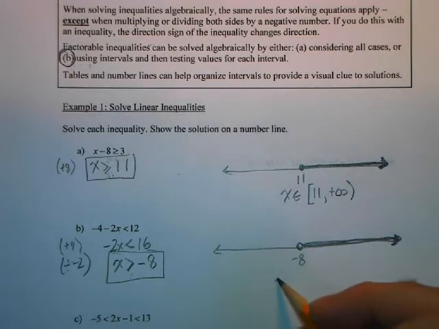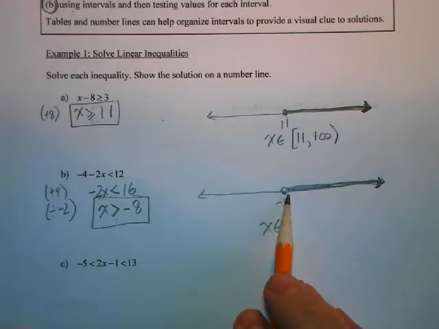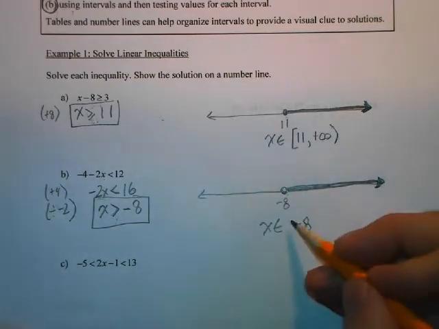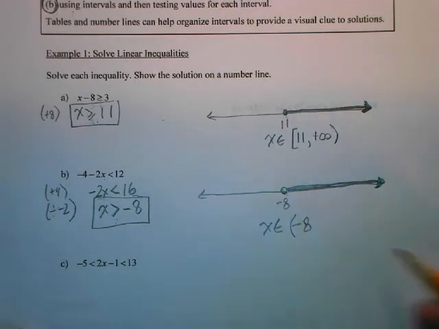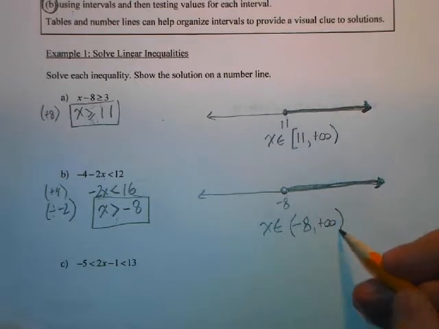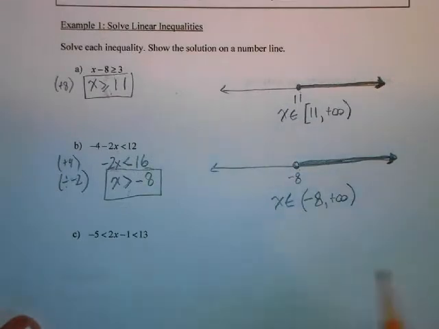And when I put this in interval notation, so x is an element of, and the interval starts at -8, but it does not include -8, so I put a round bracket, and then the upper end is positive infinity, and we always put round bracket for infinities, and there's our solution.